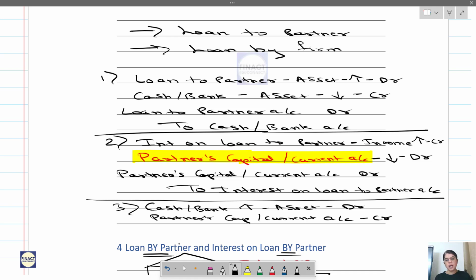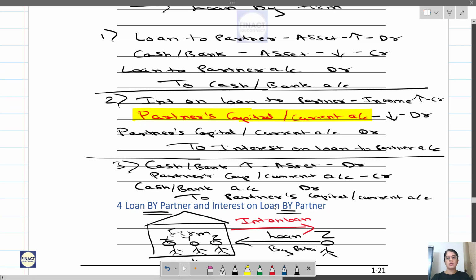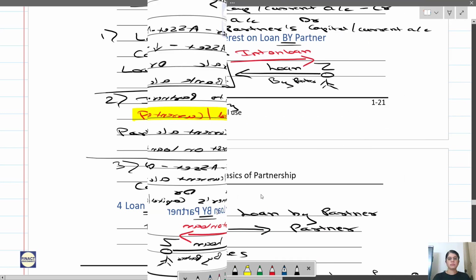So if he is paying it, we just have to increase the partner's capital or current account balance again. So the journal entry will be cash or bank account debit to partner's capital or current account. Okay, did you understand this? Any doubts here? Okay, just write this, then we will go to the next one.